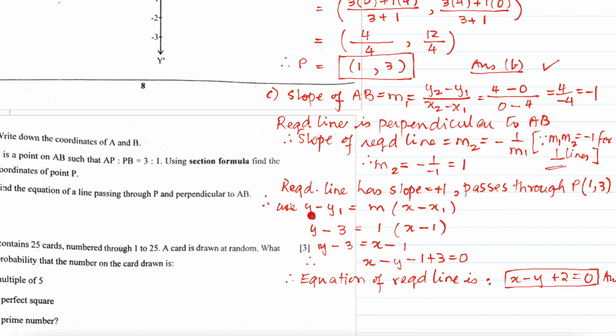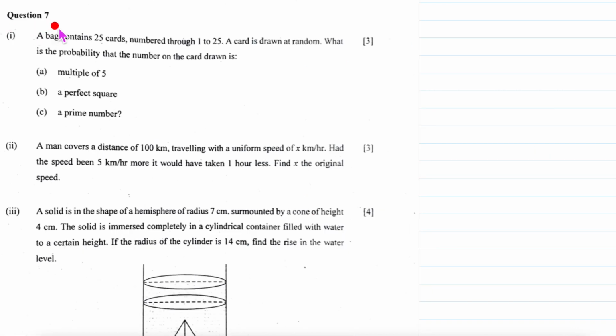So we use y minus y1 equal to m into x minus x1, which is our slope and point form. Substitute the values and then you will get x minus y plus 2 equal to 0 as the equation of the required line. Come to question number 7.